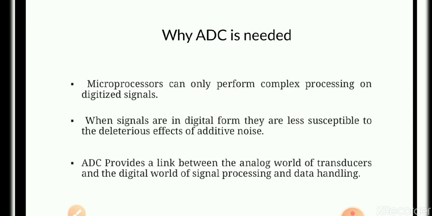Temperature sensor records the temperature of a room in environment or laboratory and converts it into its voltage equivalent, which is generally in the form of analog signal. Now, if you want to send that signal to a microcontroller for further operation, you must have an ADC between them. So ADC provides a link between the analog world of transducers and the digital world of signal processing and data handling.